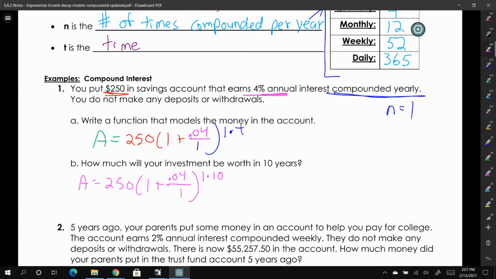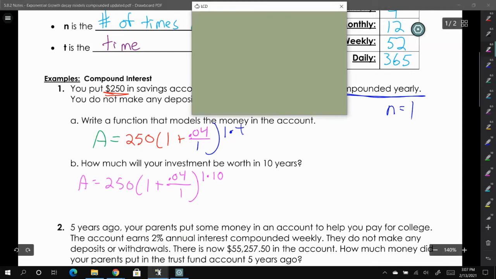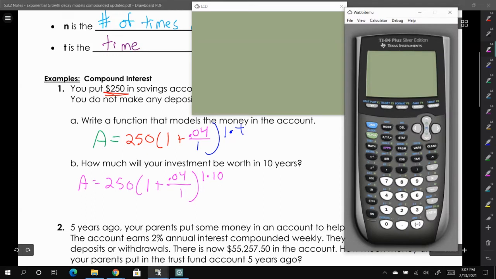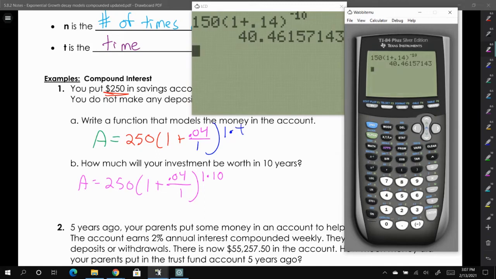When you're typing this in the calculator, and let me show you, you'd be correct by saying, oh, why do we have to multiply 1 and 10? That's easy, just 10. But if your n value is different, that means your exponent is going to be different as well. So the way I type it in is I do 250 and then parentheses 1 plus 0.04 divided by my n value, which is 1.